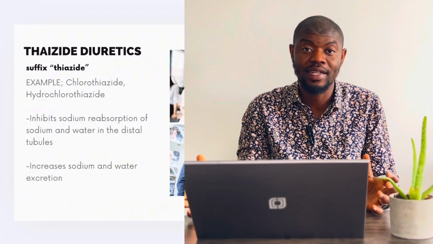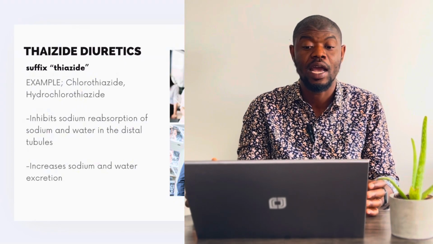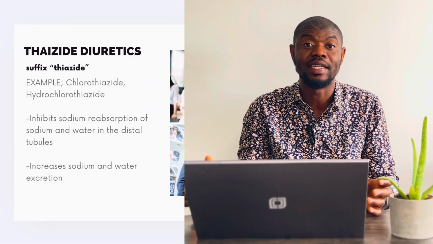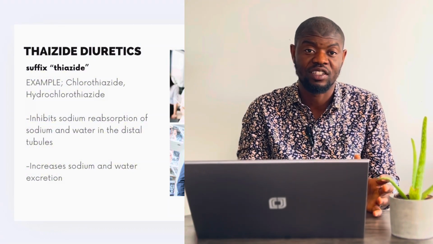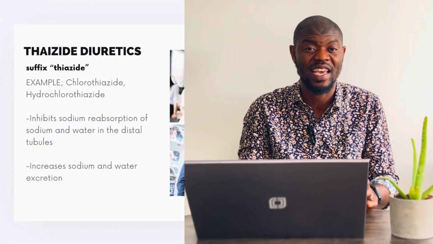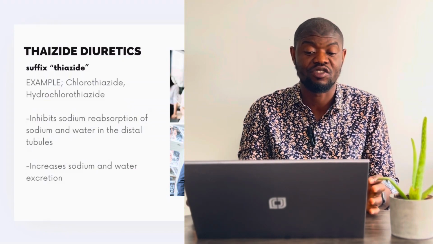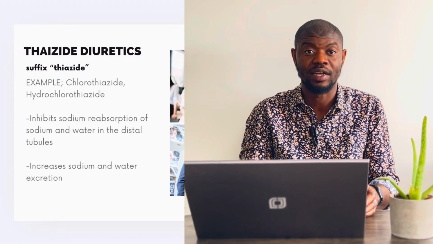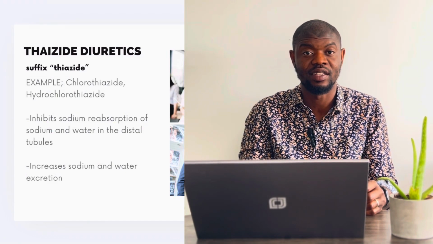Now, the way thiazide diuretics work is that they inhibit sodium and water reabsorption in the distal tubules. So this was the reason why we looked at the structure of the nephron earlier. We see that these medications work on different parts of the nephron. It also increases the excretion of sodium and water, thereby helping you reduce fluid excess in the body.